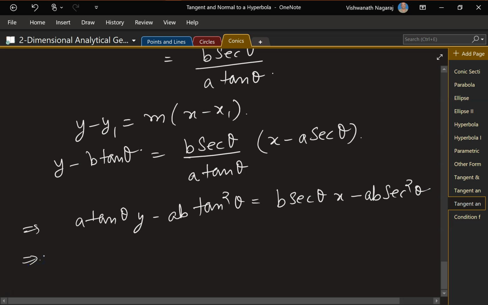See, while writing this itself, you should suddenly be able to recognize that somewhere sec square and tan square, so some identity of that would come up.